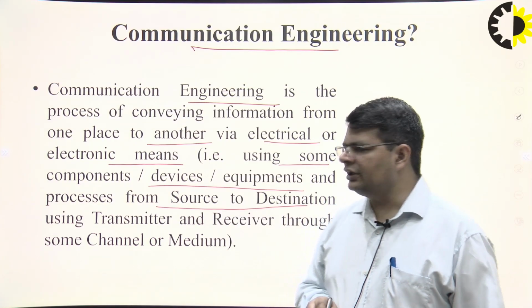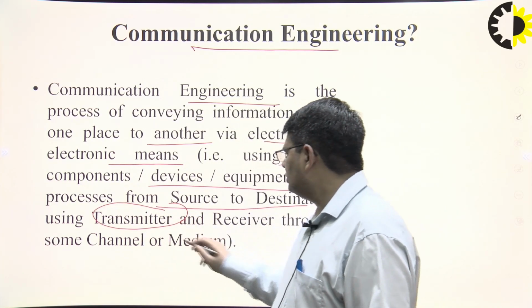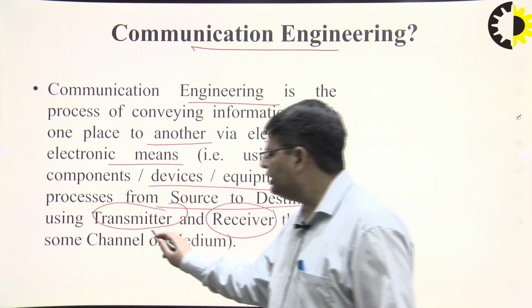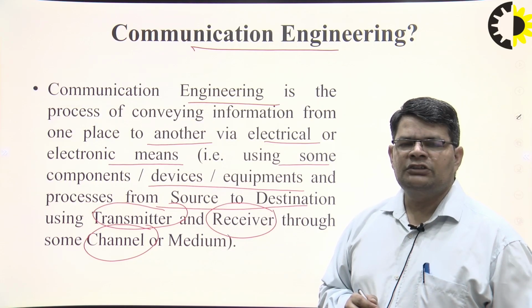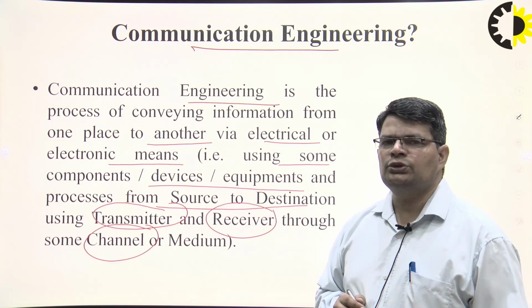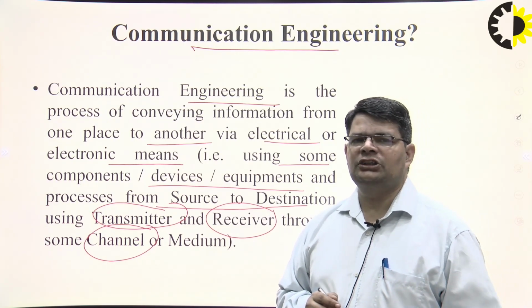That is, we have to use some kind of transmitter, some kind of receiver and some kind of channel or media for carrying the information from the transmitter to the receiver side, or from source to destination. So normal conversation is not communication engineering.